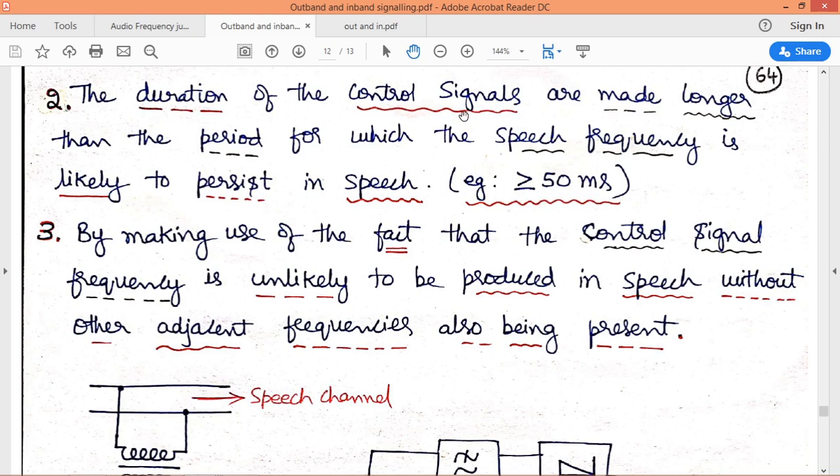Please note that the control signal we are dealing with is of only one frequency, and if that signal is present in our signaling system for a duration greater than 50 milliseconds, then the signaling system will understand this is a control signal or a tone signal.